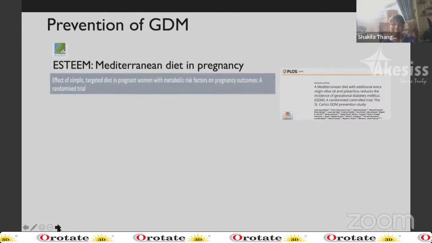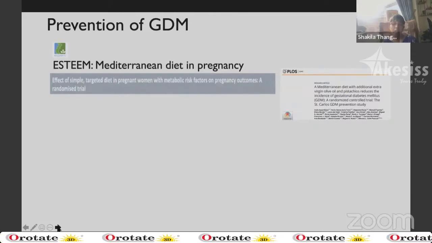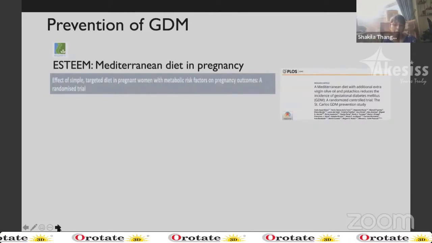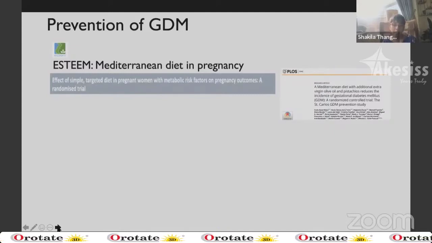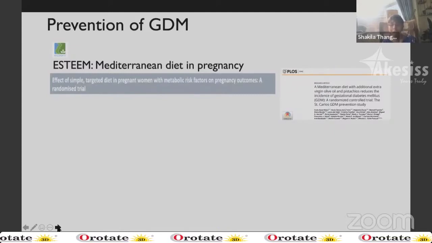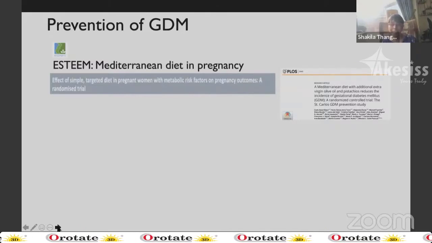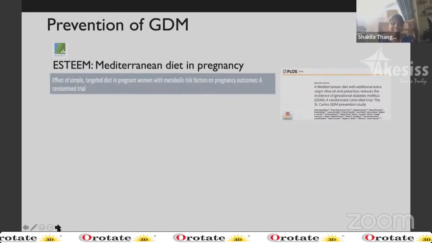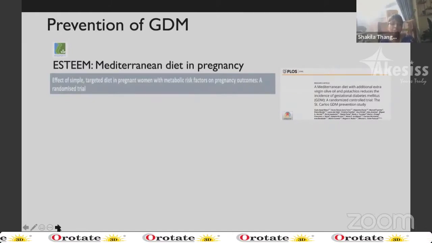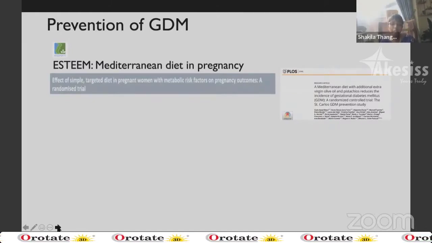And in the ESTEEM trial, 3/4 of our mothers in the trial were South Asians or of Black origin. And we wanted to look at the effect of Mediterranean diet in pregnancy. Now, you could ask, how are you going to make women in East London of ethnic minority origin to have a Mediterranean diet? So we broadly took into account the key components.